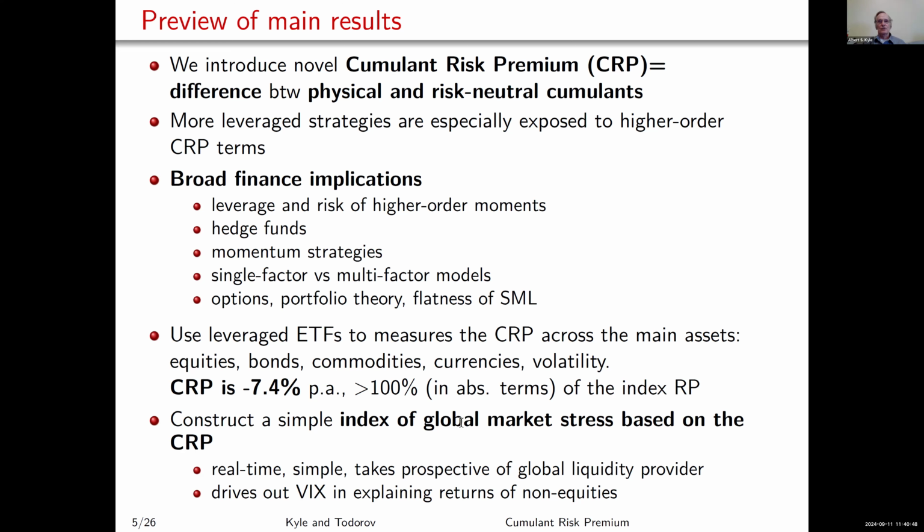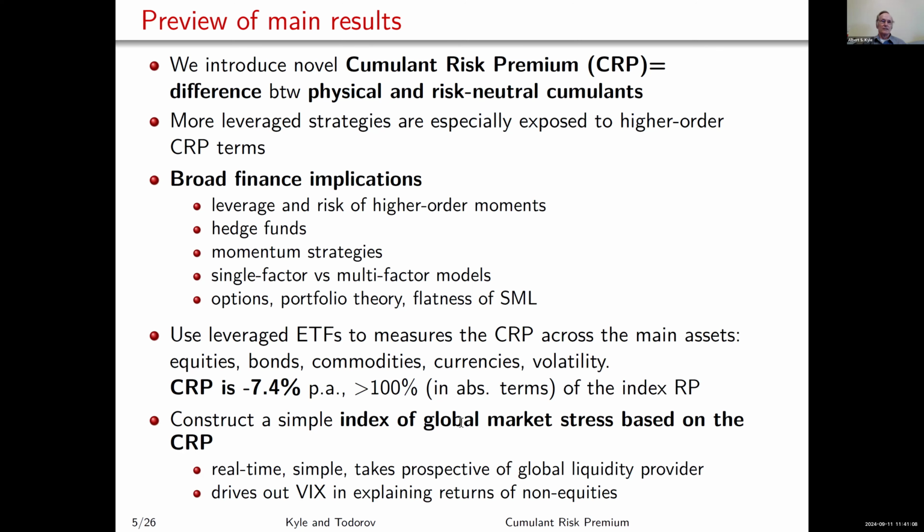Many investment strategies, take a look at a hedge fund. Many hedge funds, if they're making money, are just going to expand their strategy. If they're losing money, they're going to shrink their strategy. And that alone gives them exposure to higher order moments. You see it in financial crises when they have to delever.